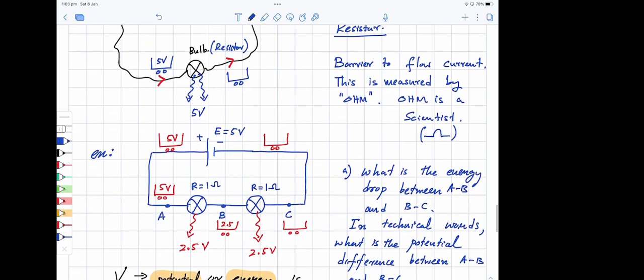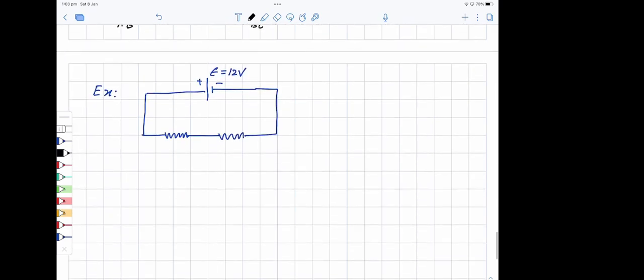The symbol would be something like a wiggly thing like this. This is the symbol for resistor. Now we call it R is equal to 1 ohm. This is R is equal to 3 ohms. So this is A here, this is B here, this is C here.